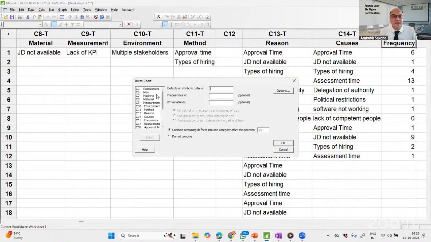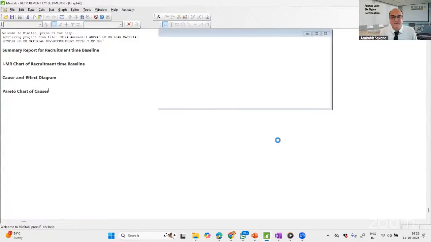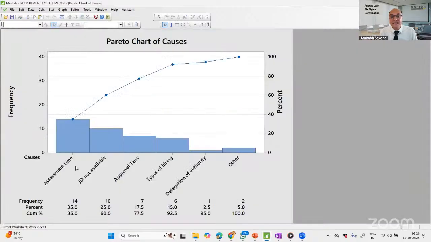Everything happens quickly nowadays, right? Most of the time, assessment time is the root cause. Assessments take long. The job description is not available.